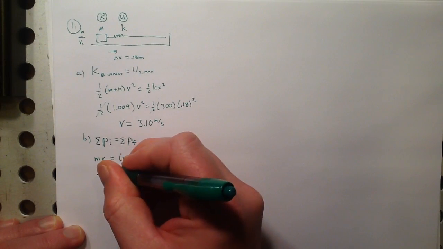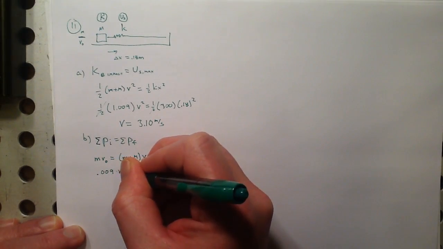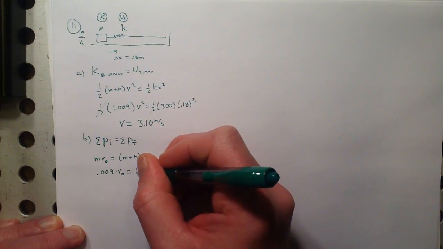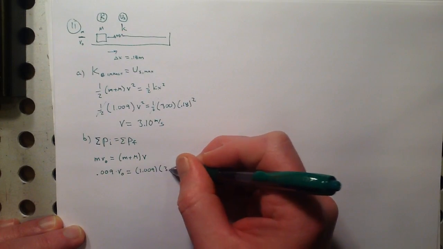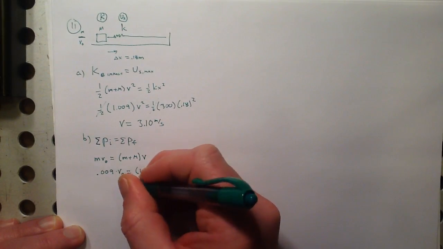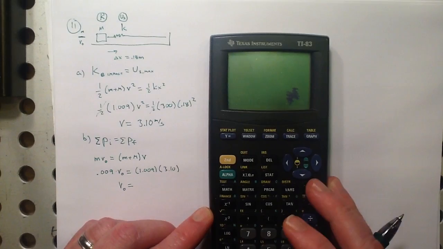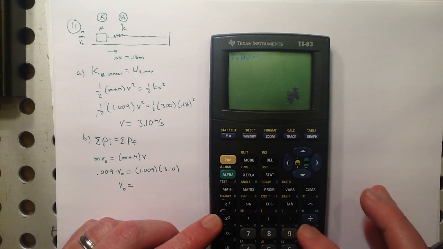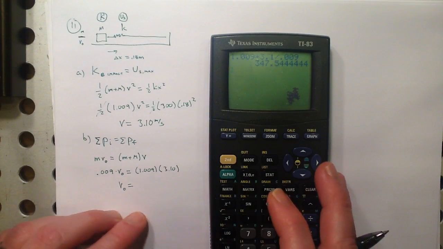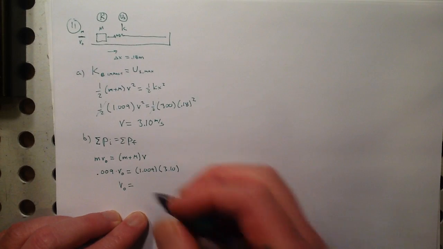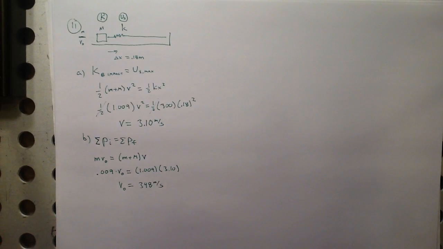So 0.009 times v sub 0, which is what we're looking for, is equal to 1.009 times the v that we found in part A. So the velocity of the bullet is 1.009 times 3.1 divided by 0.009. That's 348 meters per second, which seems like a bullet-like velocity, right?